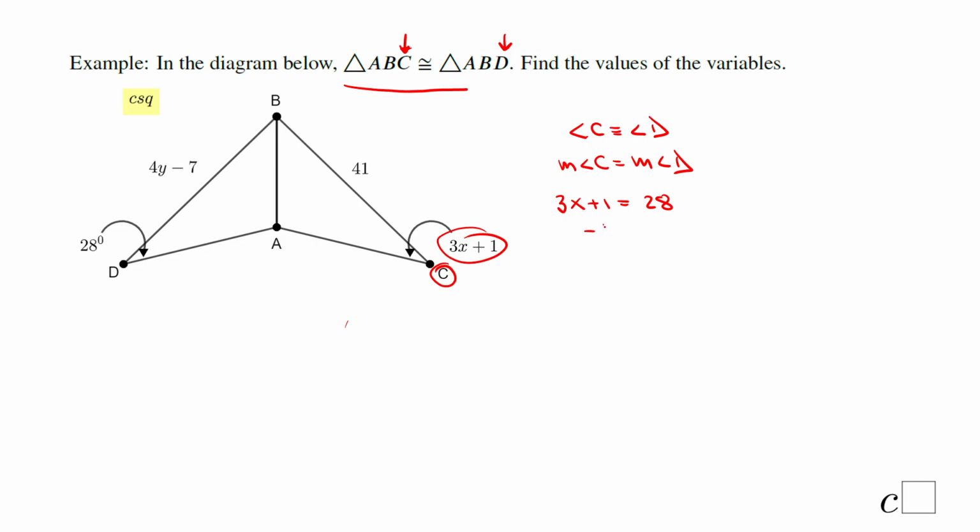I'm going to subtract 1, and I have 3x equals 27, divided by 3, x equals 9.